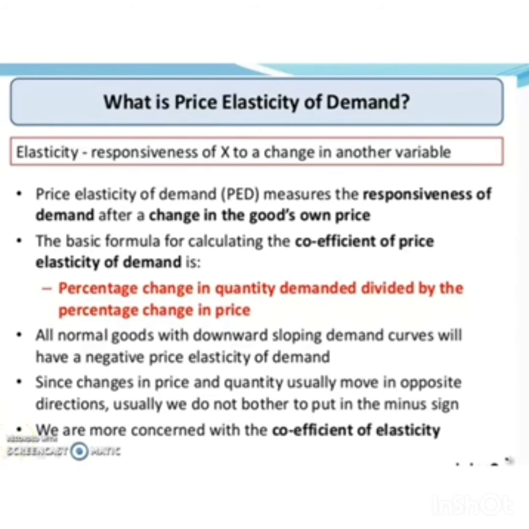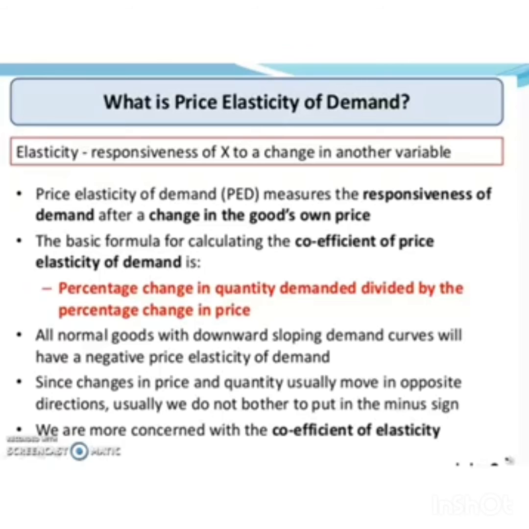Mathematically, we can define price elasticity of demand as percentage change in quantity demanded divided by percentage change in price. That is the formula used for finding out the price elasticity of demand.